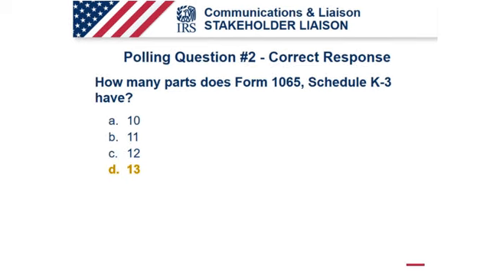And you should be able to see on your screen the correct answer was D. So 13 parts to Schedule K-3 for the Form 1065. Now let me check in with the team and see how we did on that one. Okay, and it looks like we had a correct response rate of 49%.